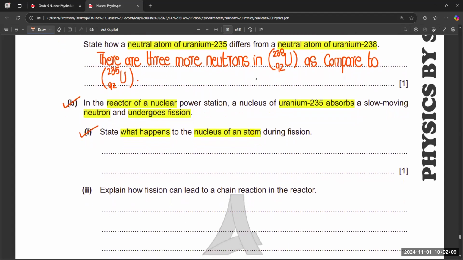So during fission reaction, we know a large nucleus splits into smaller, more stable nuclei, and it also releases neutrons and an amount of energy, right?